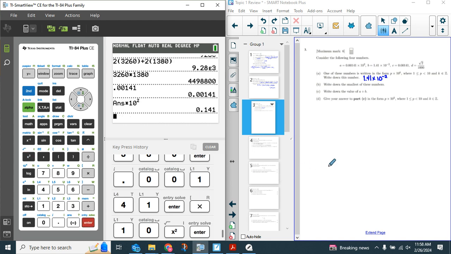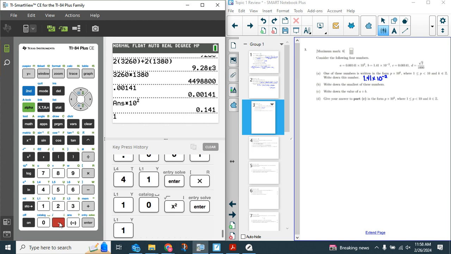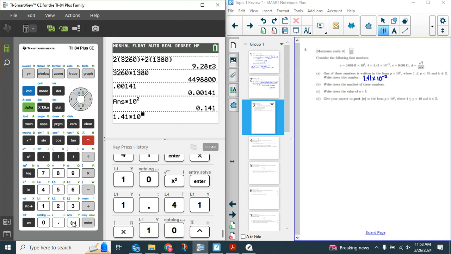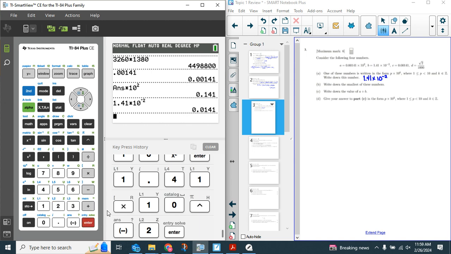All right, so that's 0.141. All right, the second one, we have 1.41 times 10 to the negative second power. All right, our third one is in the form that we would like it. So 0.00141.